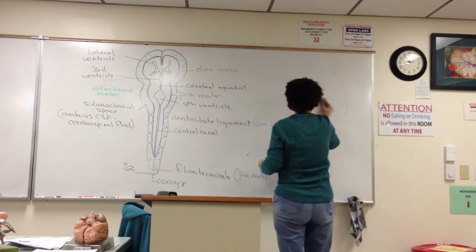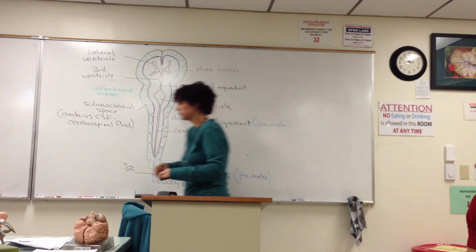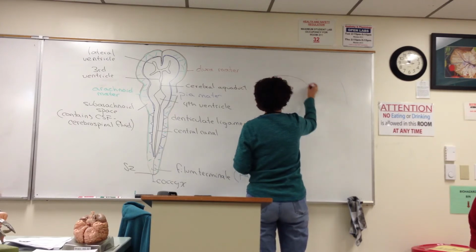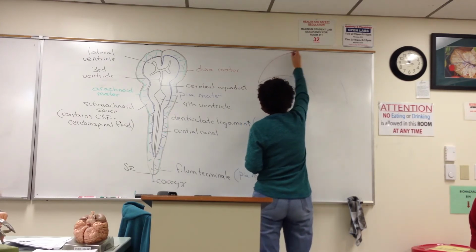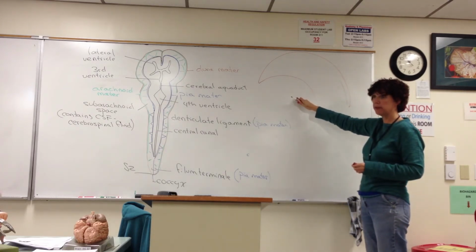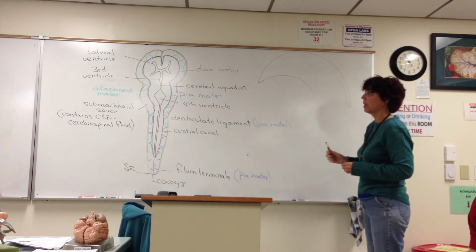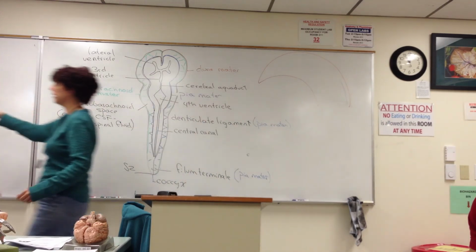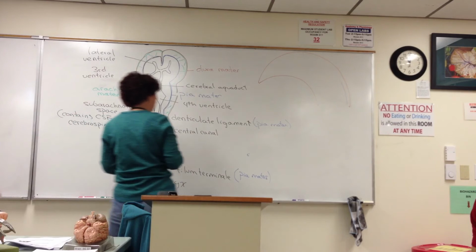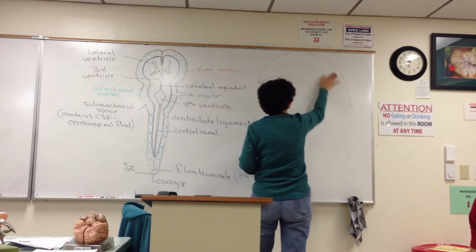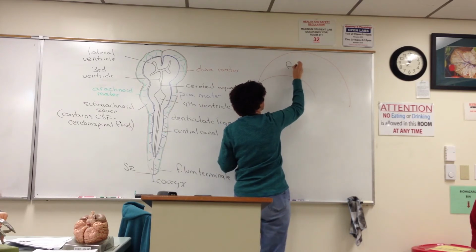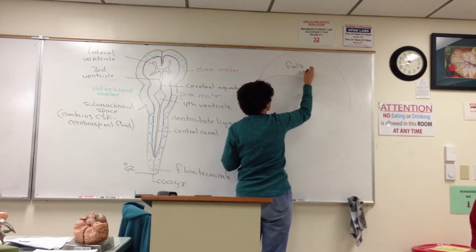I forgot to change my colors here. So this would be found between the two halves of the brain. So this structure right here, and it's known as the falx cerebri.